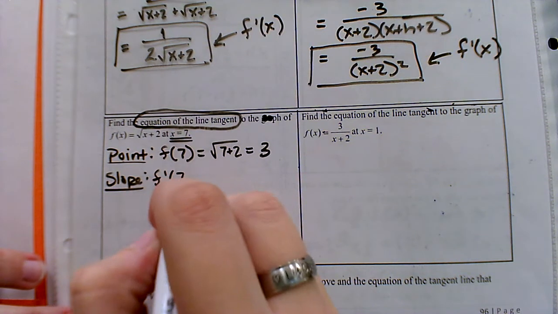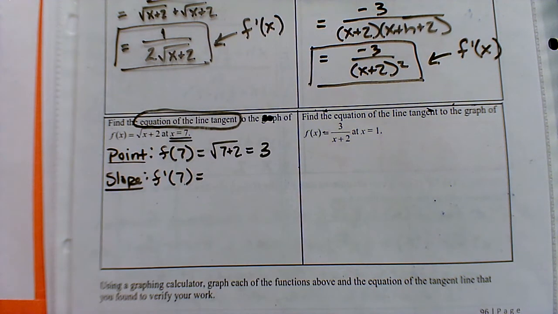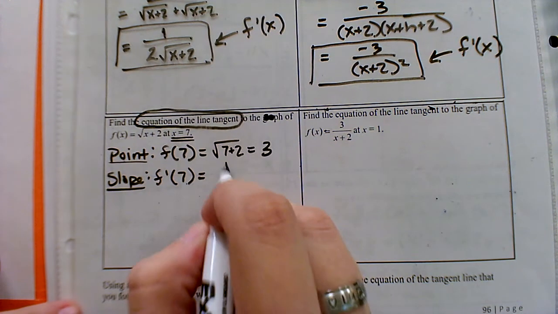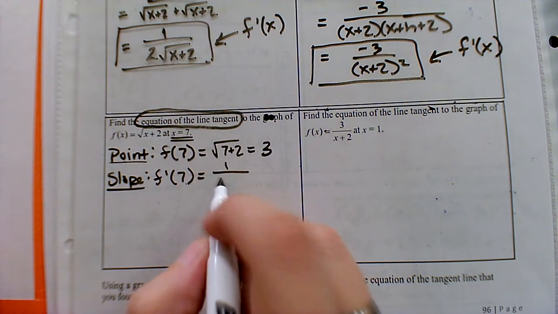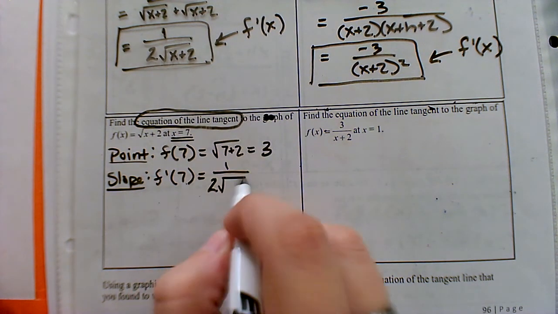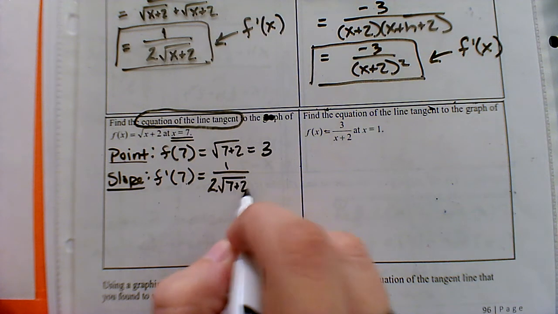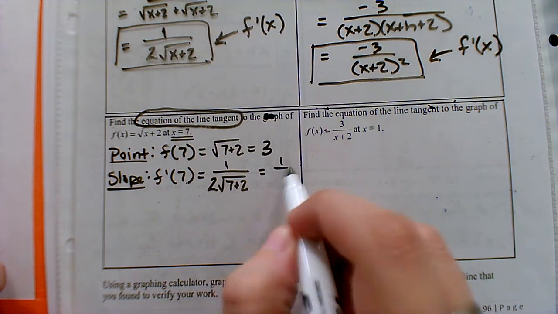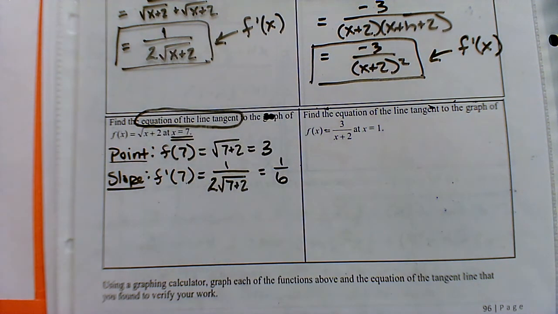So we're going to plug in 7 into the derivative equation, which we found at the top. 1 over 2 times the square root of 7 plus 2. 7 plus 2 is 9, square root of 9 is 3, 3 times 2 is 6. So it looks like our slope is 1/6.